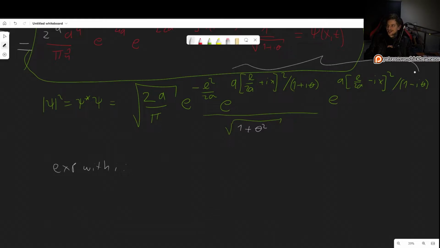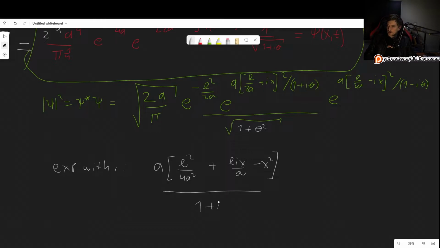That would be a times, and now let's just expand this, L squared over 4a squared, plus L i x divided by a, minus x squared over 1 plus i theta, plus, now the second one, a times L squared over 4a squared minus 2ixL divided by 2a.